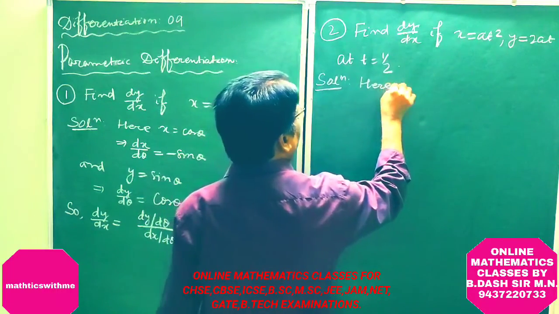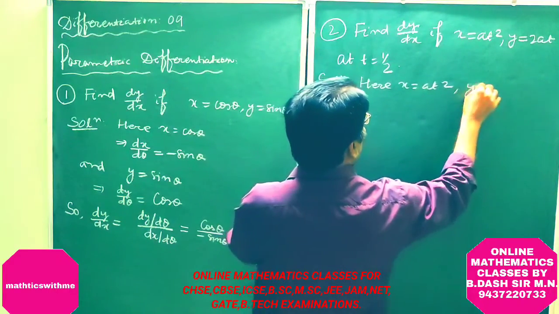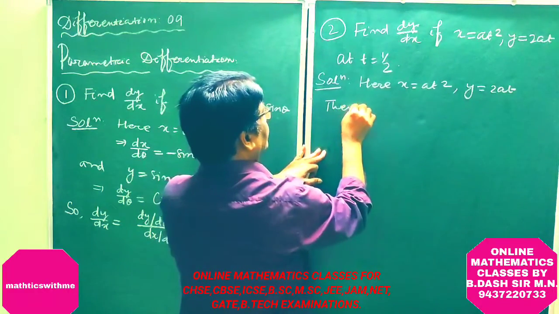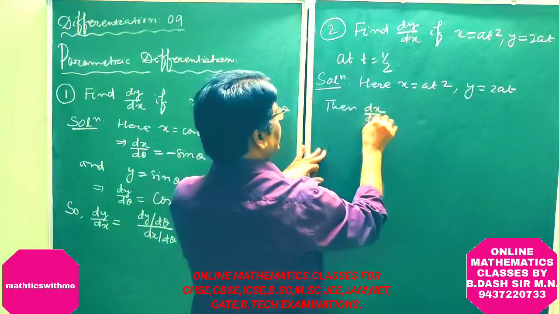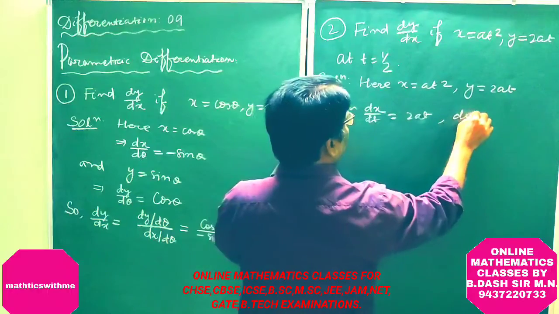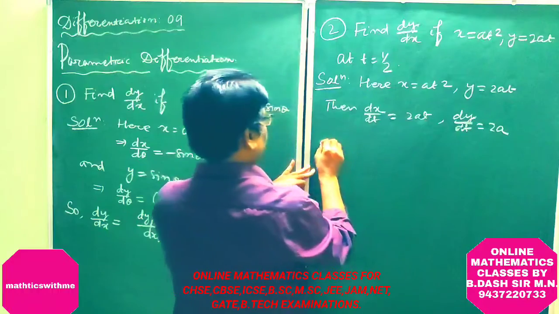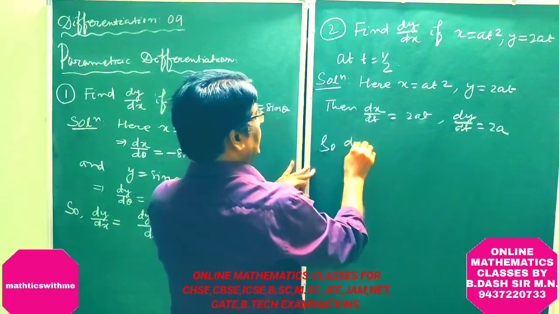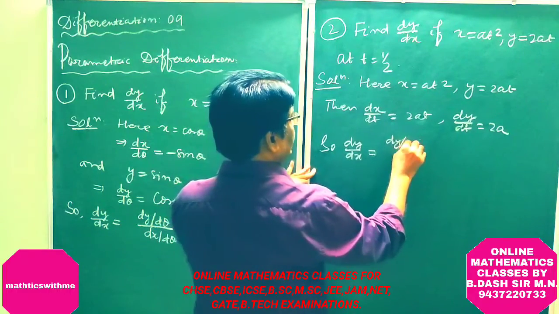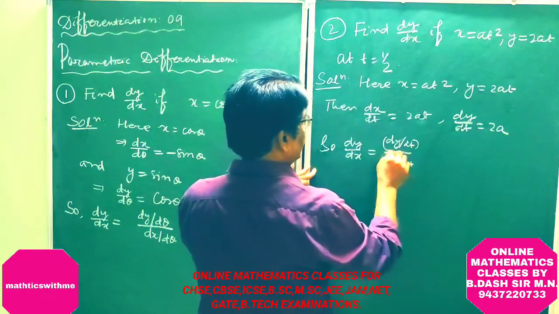Here x is equal to at square and y is equal to 2at. Then dx by dt is equal to 2at and dy by dt is equal to 2a. So dy by dx is equal to dy by dt divided by dx by dt.